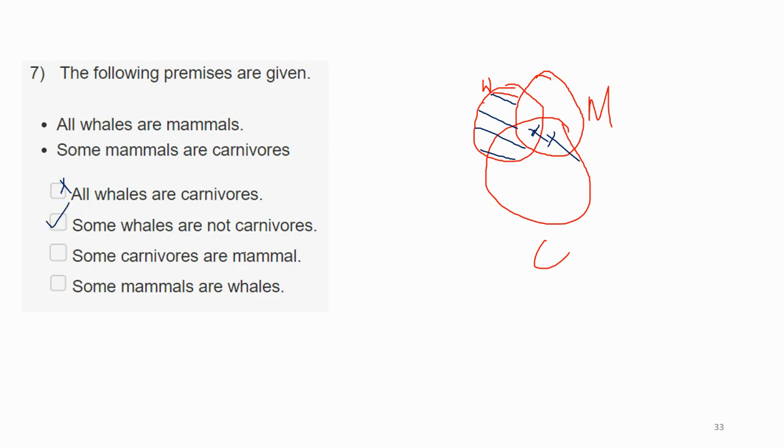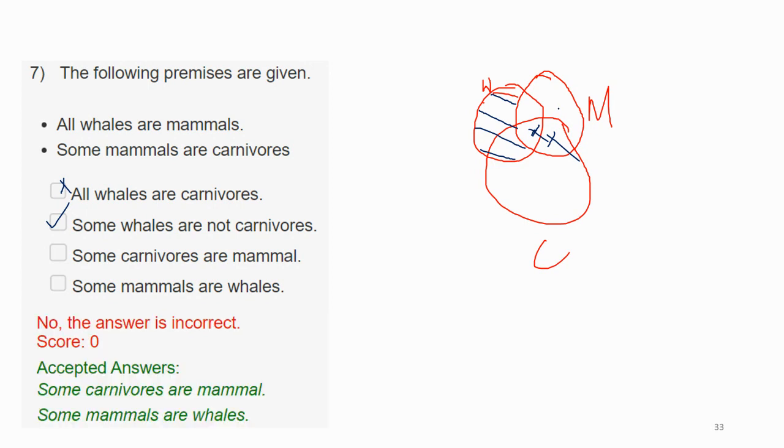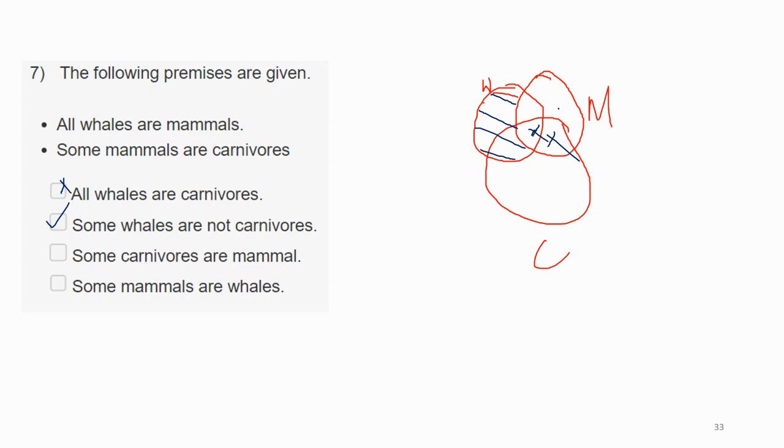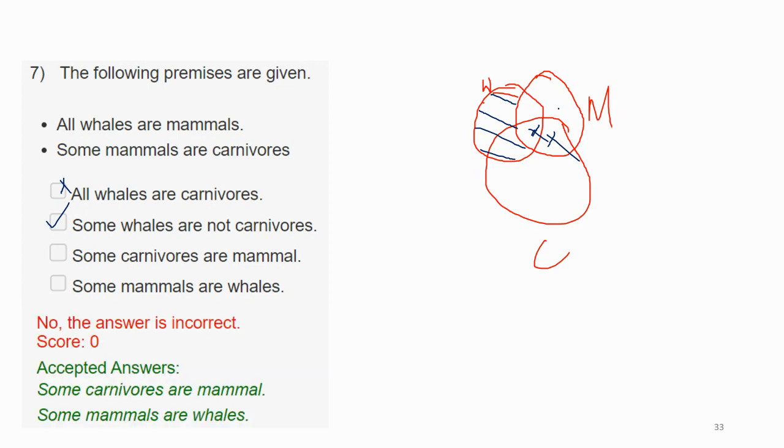Some carnivores are mammals, because earlier it was said that all whales are mammals and some mammals are carnivorous. Not all carnivores are mammals, right? So there is a cross between C and M. If you go to the answer, some carnivores are mammals.